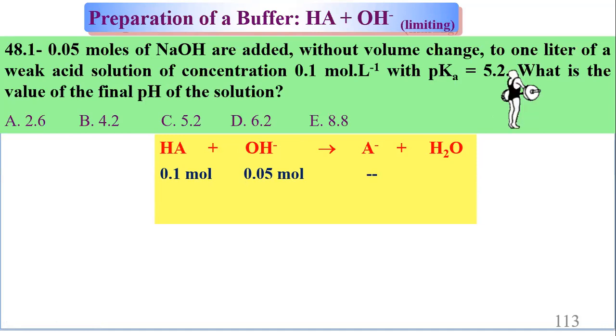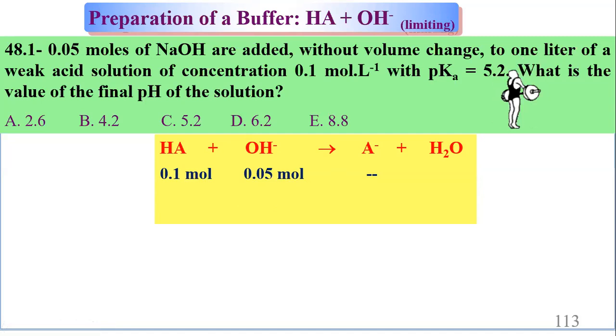So here we have a 1 liter solution of HA acid, and therefore times 0.1 molar, we get 0.1 mole of the acid. And the amount of OH minus was given to us in moles, and they said there was no change in volume, so the overall volume is pretty much the same for the solution.